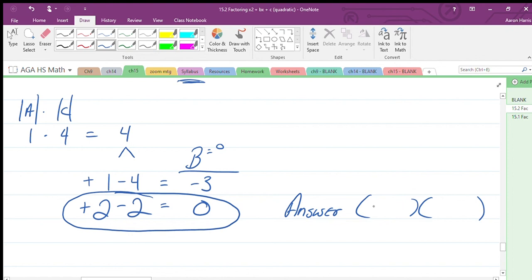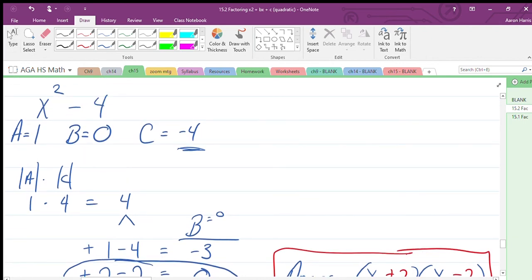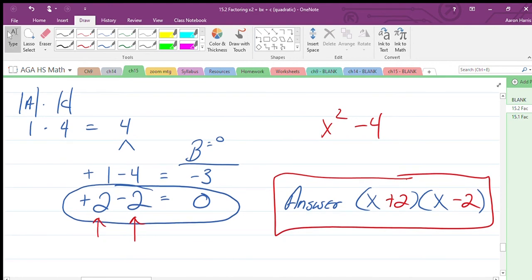What goes in the first term? X and x. What goes in the second term? That's right, a positive 2 and a negative 2. Your answer for right here, x squared minus 4, is what? X plus 2 times x minus 2.